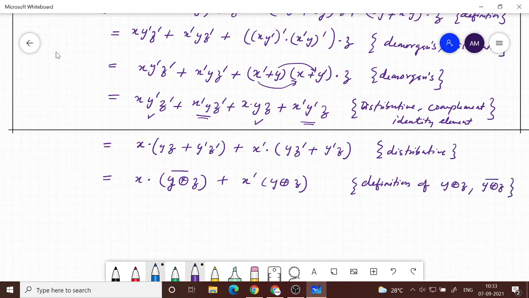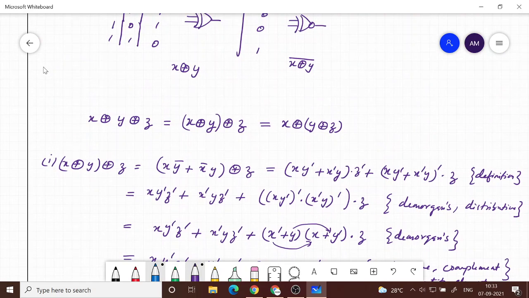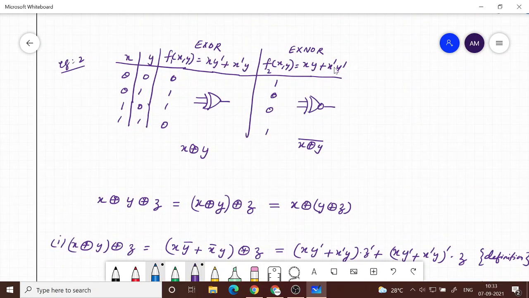So that's what I told you in the beginning. If you look here, F1 is xy' plus x'y, and similarly F2, which is the XNOR operation, is xy plus x'y', and this is basically the complement of this. So that also I have shown. Wherever 0 is there, 1 comes. Wherever 1 is there, 0 comes.